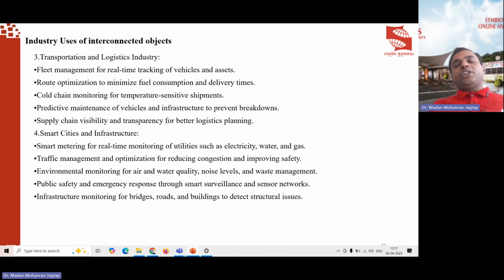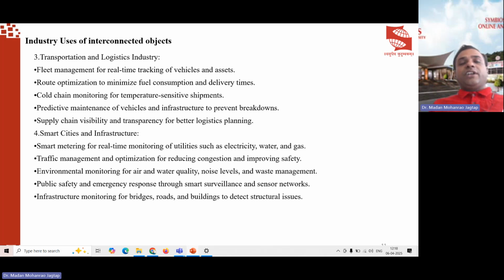Then predictive maintenance of vehicles and infrastructure: we can identify what maintenance is required for that particular vehicle and provide that maintenance. Then supply chain visibility and transparency for better logistic planning. Then the fourth use is smart cities and infrastructure.